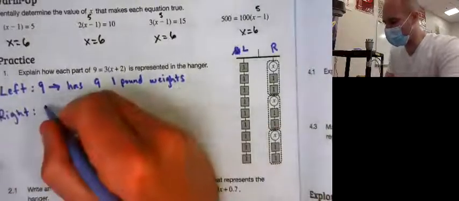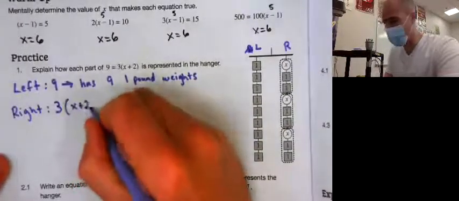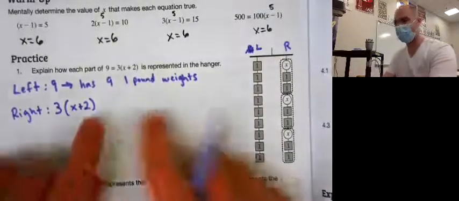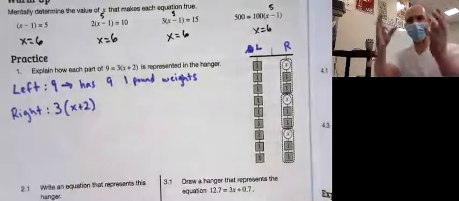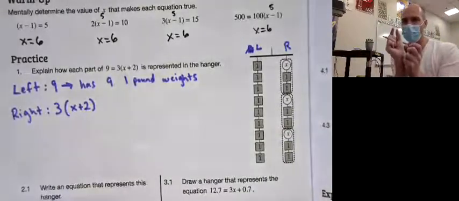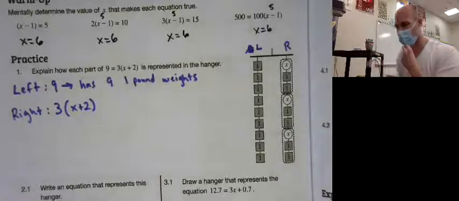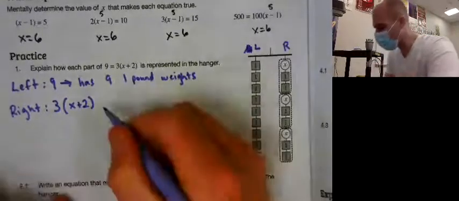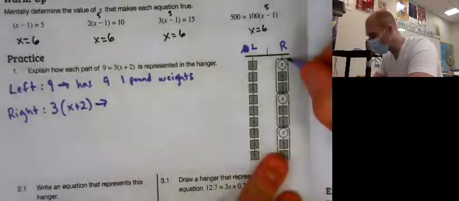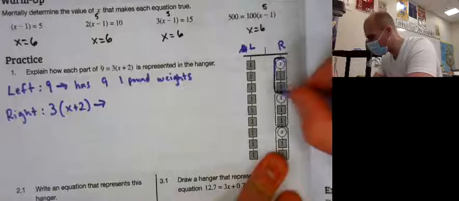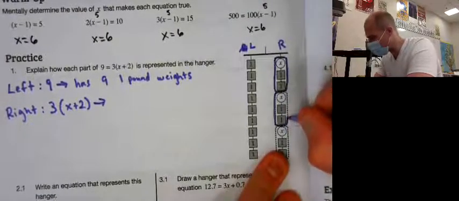which is 3 times the quantity x plus 2, right? When I say the quantity, that's my way of verbalizing the fact that those things are in parentheses. And it kind of just acknowledges the fact that it's supposed to be one number. It's some unknown number plus the 2, but then you think of it as one number altogether. Okay, well, it has these 3 sections where each one has an x and two weights to it, right?